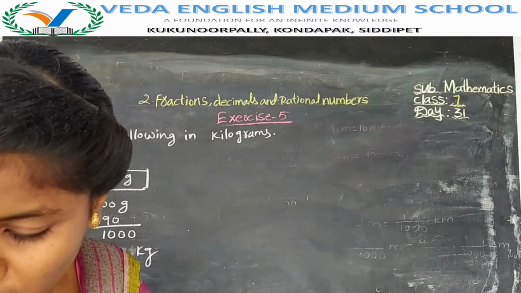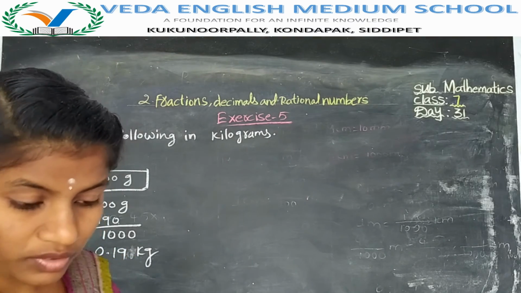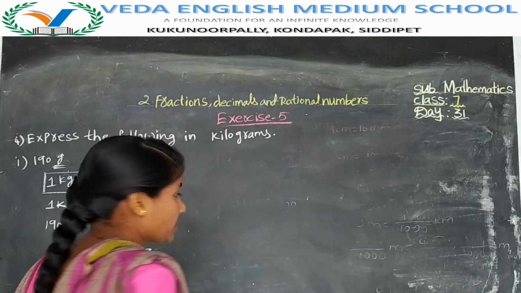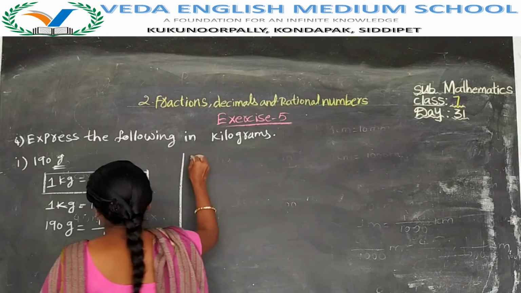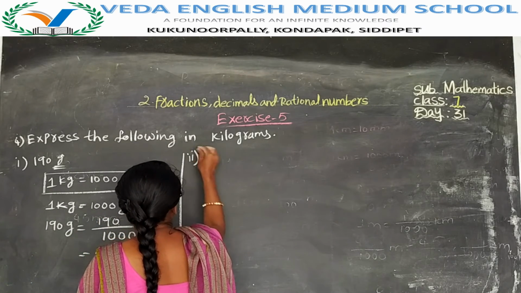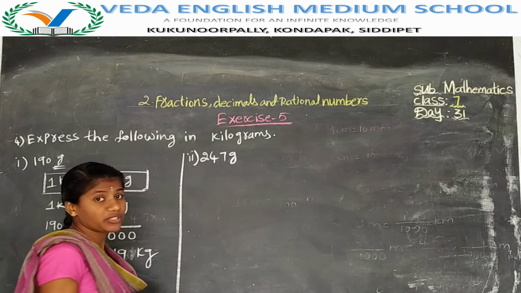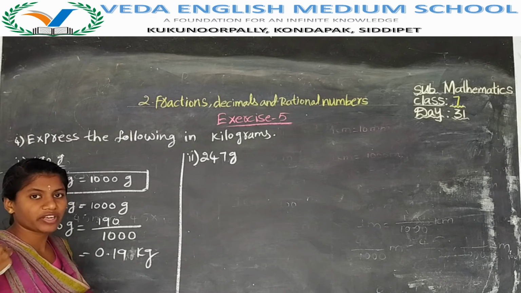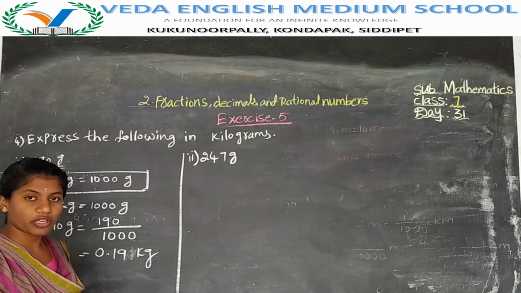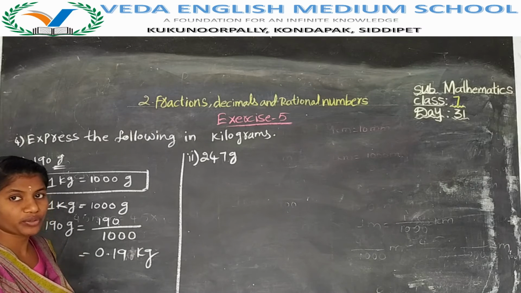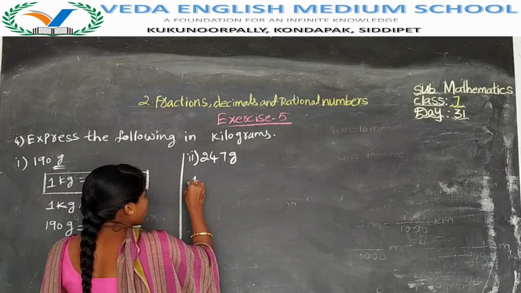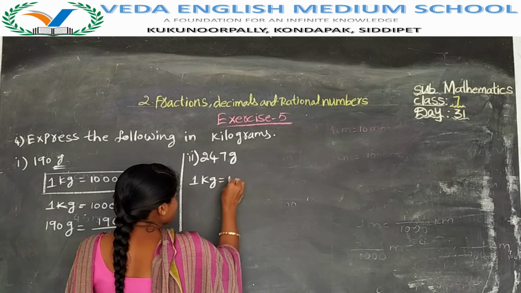Next, the second question is 247 grams. Now we are converting grams into kilograms, that means smaller quantity to greater quantity. When you convert smaller quantity to greater quantity, you have to do division. Here also 1 kg is equal to 1000 grams.